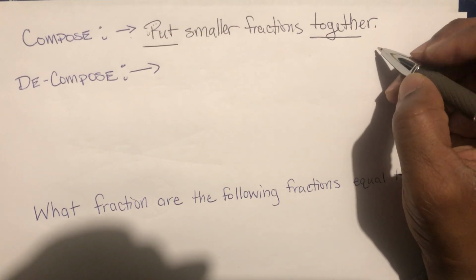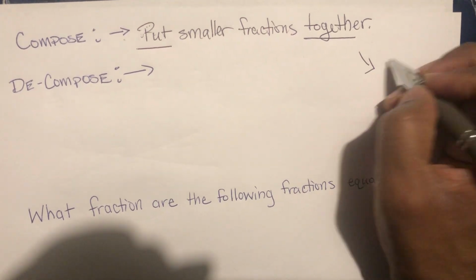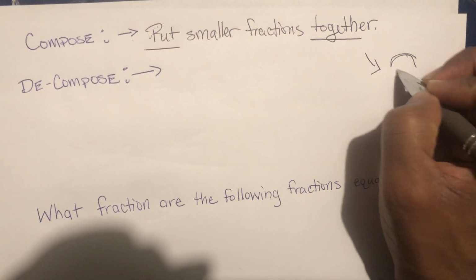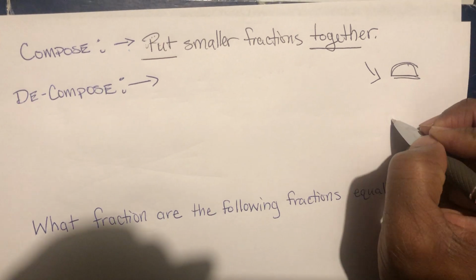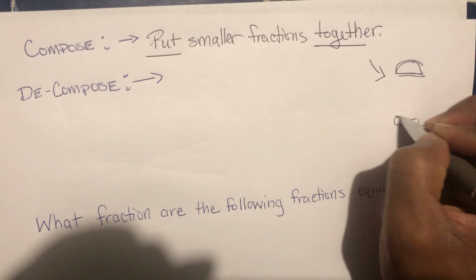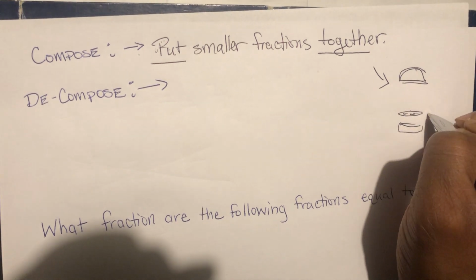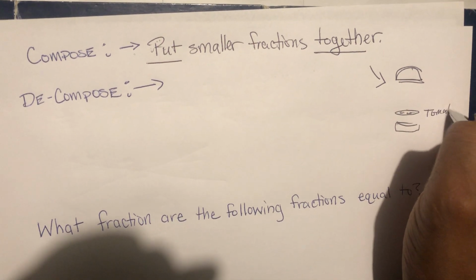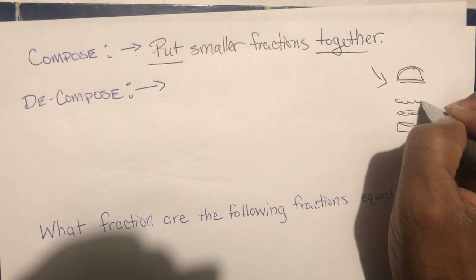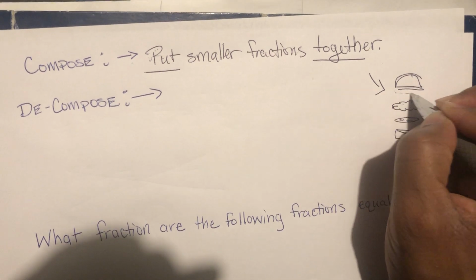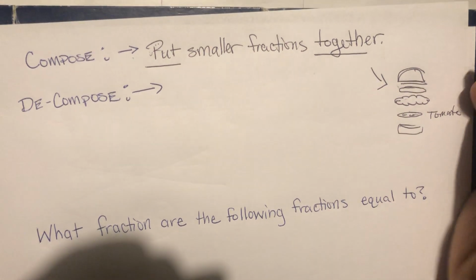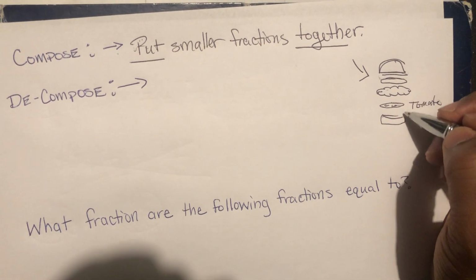Okay, so imagine if we had a hamburger. There's different pieces to a hamburger, right? You've got the top bun, you've got the bottom bun, you might have a slice of tomato, right? You might have lettuce, and then you might have your actual patty. These are all the different pieces.